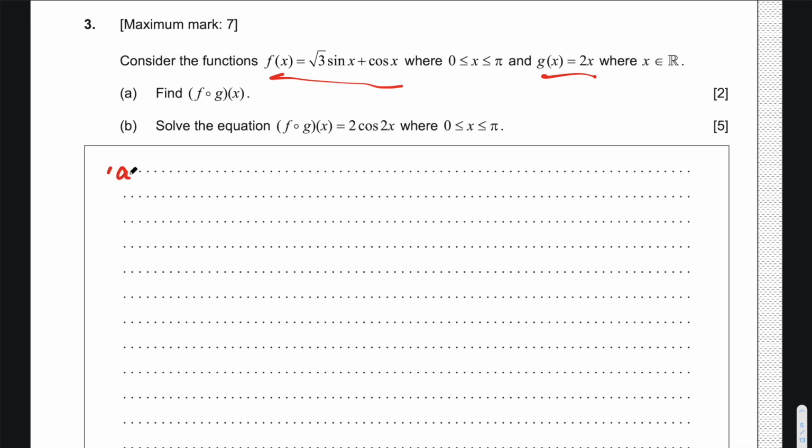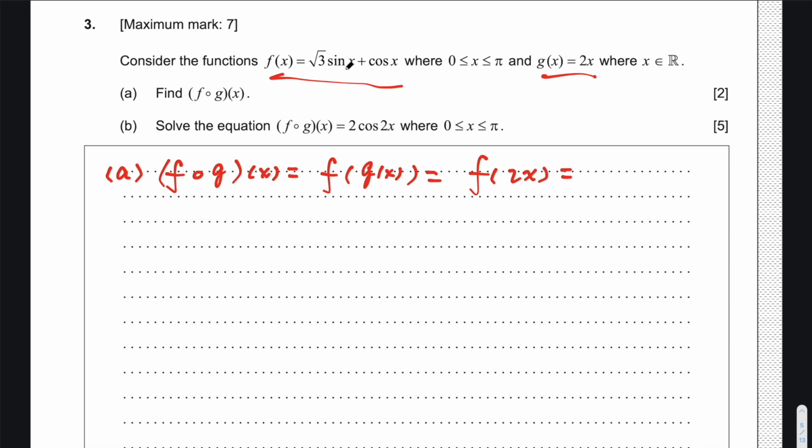Okay, I think this is pretty straightforward. We can just plug the function g into function f, right? So f of g of x is equal to f of, I will plug in g of x, so that means f of 2x.